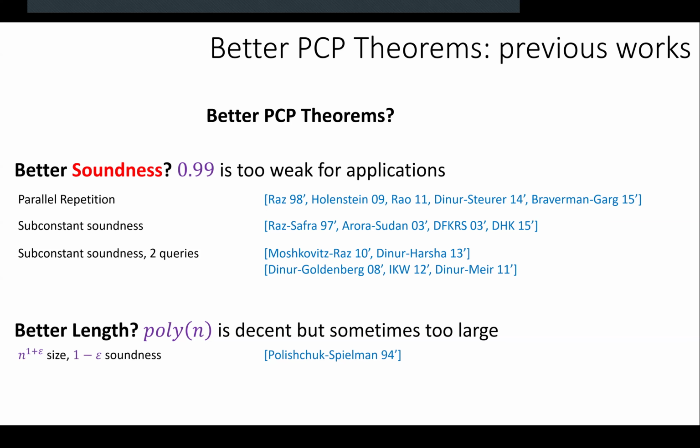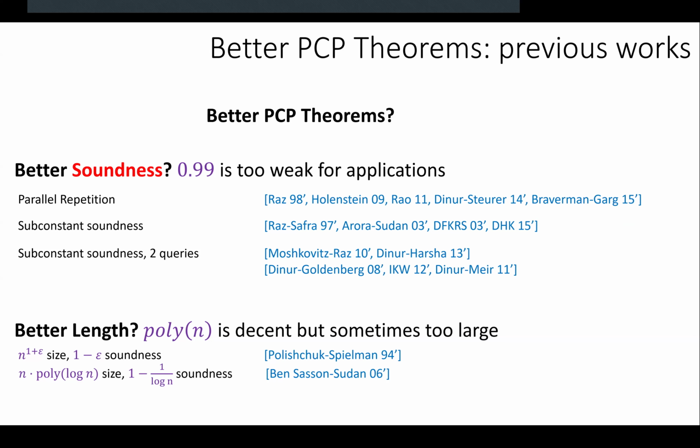Okay, so now what about the length? There is an early work of Polishchuk and Spielman that got a PCP which is almost of linear size, n to the 1 plus epsilon, but the soundness here was nothing great. It was close to 1. Following that, there is an incomparable result of Ben-Sasson and Sudan, which gets an even better size, n times polylog, which I'm going to refer to as a quasi-linear size.